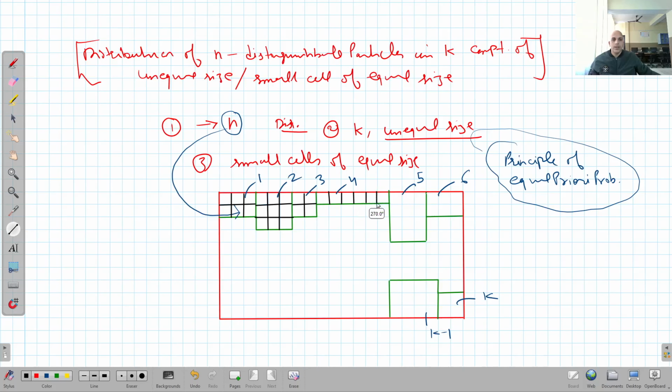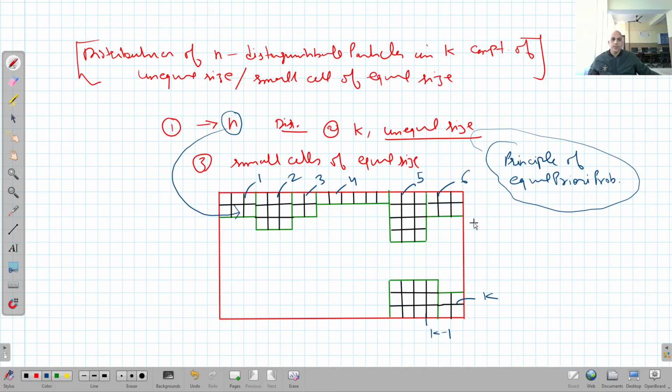You can see here I have divided all the given area into different numbers of small cells, and the k minus 1th compartment as well.